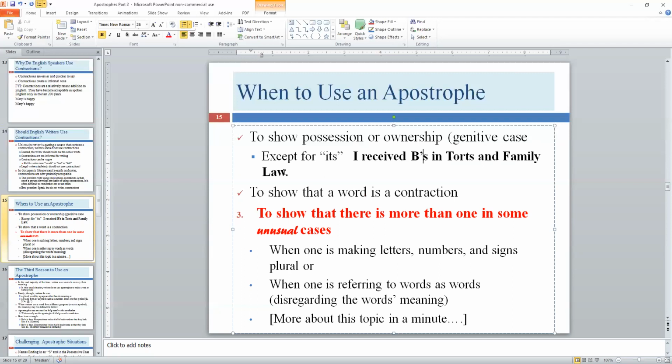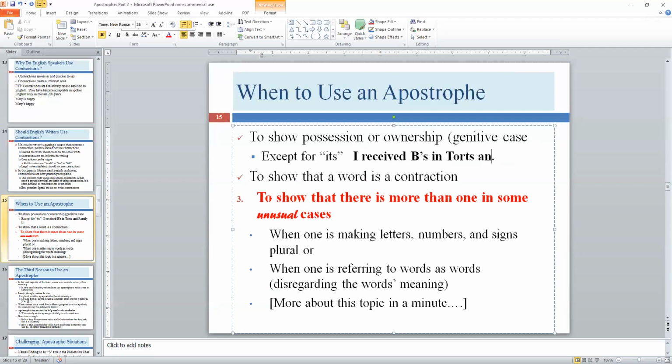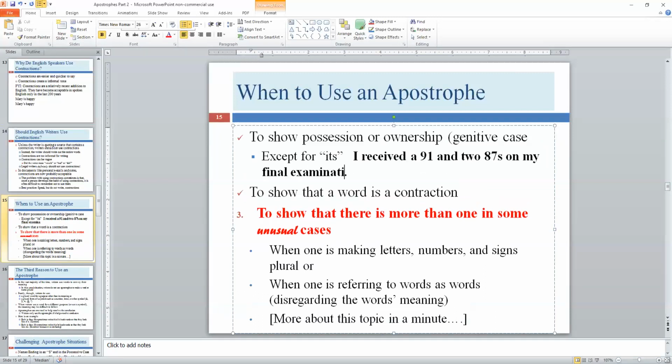Or how about this? I received a 91 and two 87s on my final examinations. We could just do 87s like this, or we could use an apostrophe. Either way would be correct.